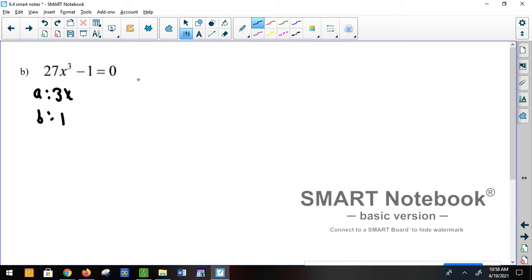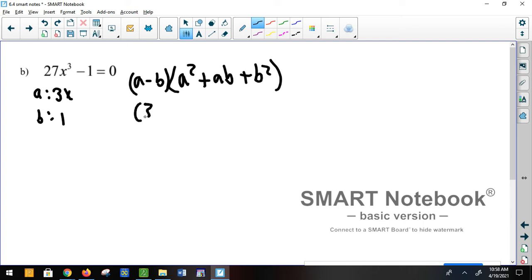So here, the formula is going to be A minus B times A squared plus AB plus B squared. A minus B is going to be 3x minus 1.